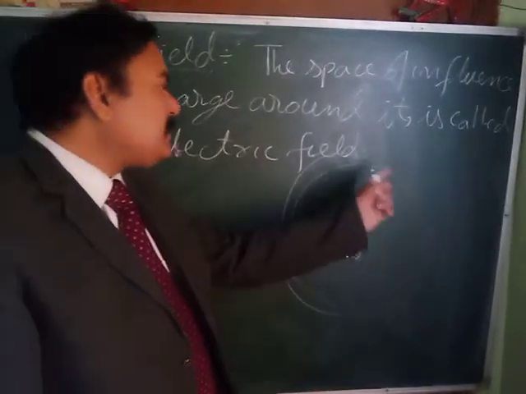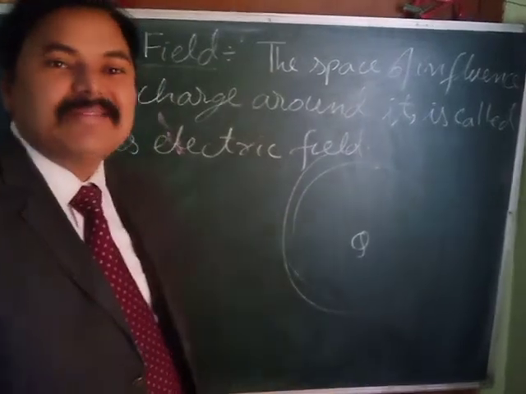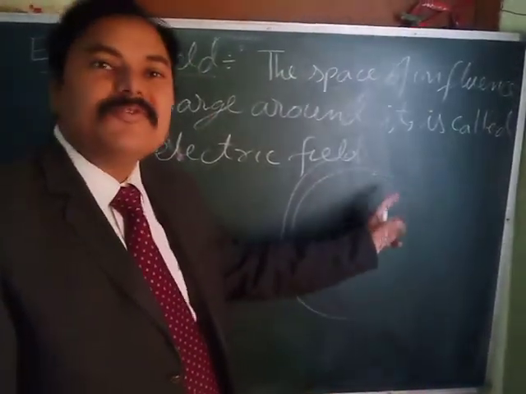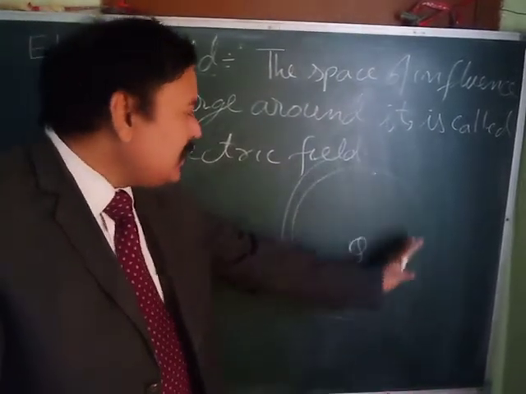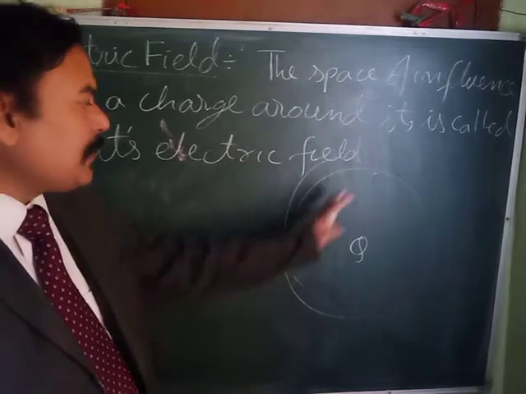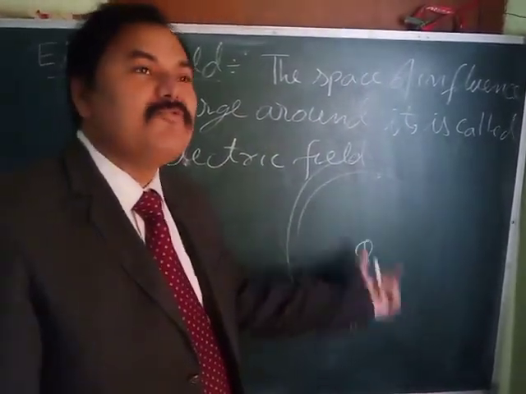Because if any charge enters this sphere, then it is going to apply force on that. If the charge is outside the sphere, it will not be able to apply the force. So we can say its influence is limited to the space within this sphere. That is called its space of influence.